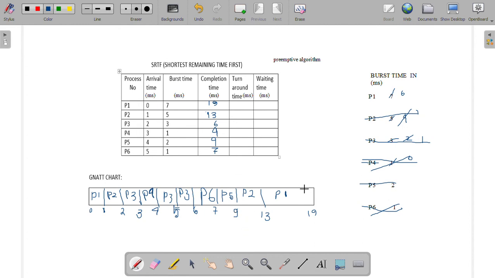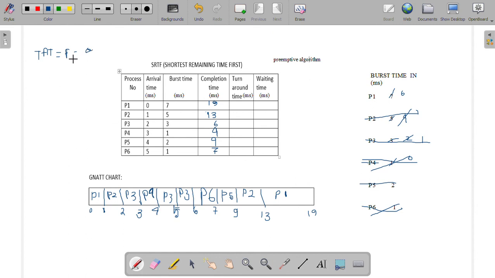So now it is time to calculate the turnaround time for each process. We know the formula for finding the turnaround time, TAT, for each process: finishing time or completion time minus arrival time.